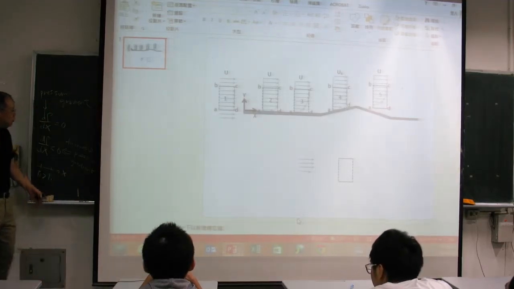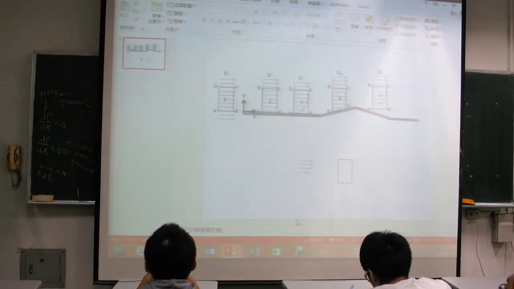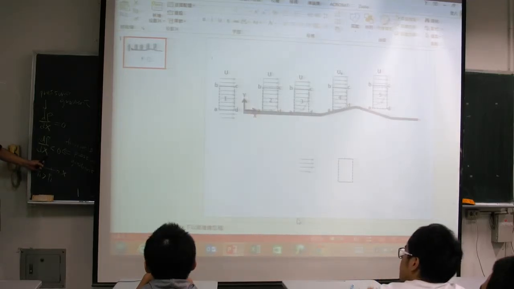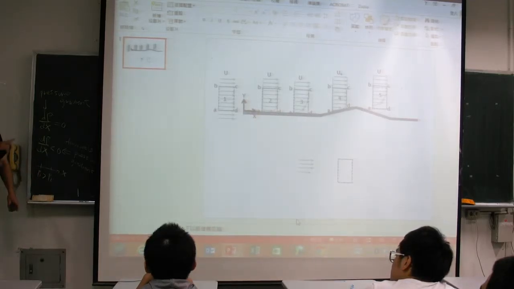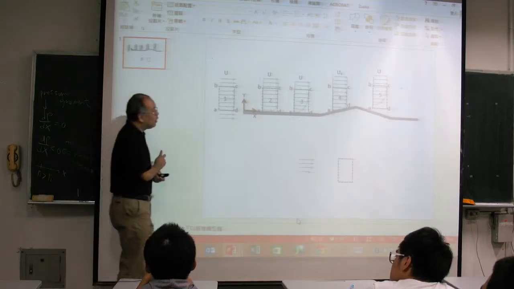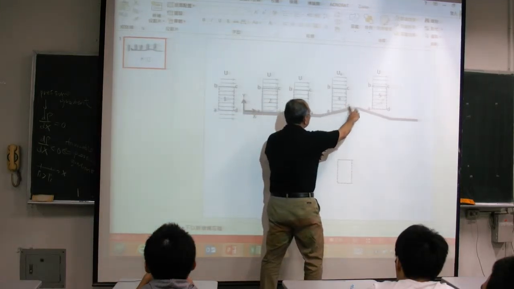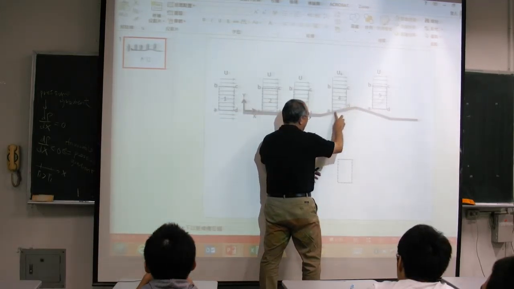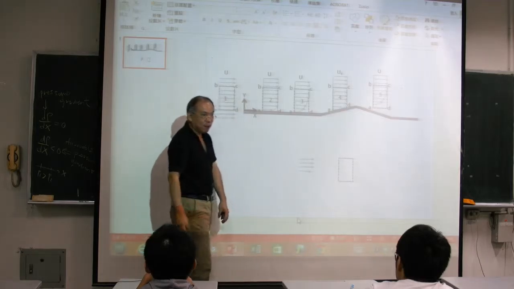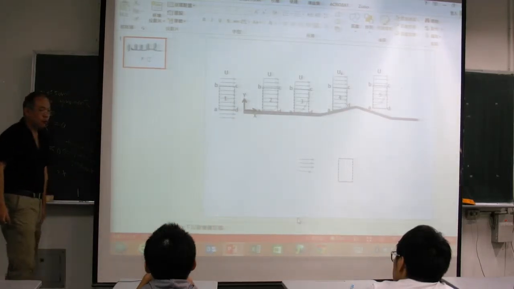Under this kind of pressure gradient. When you have a favorable pressure gradient, the boundary is the source of vorticity production. So when you have a favorable pressure gradient, the boundary generates vorticity.